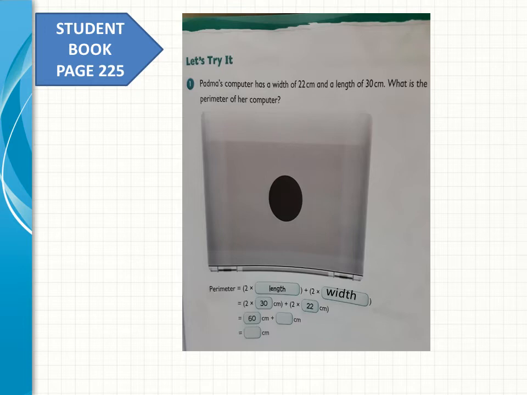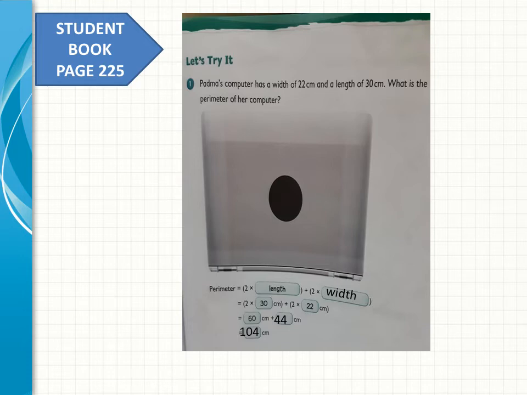So we fill in the numbers for the length and the width. 2 times 30 is 60 and 2 times 22 is 44. Now let's add the two together to find the perimeter. We have 104 centimeter. This is the perimeter of the computer.